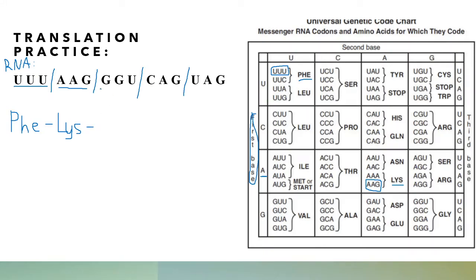Right, we're going to keep going. So G, G, U. If I look in this first column, G is down here, so I know I'm going to be looking kind of at the bottom of the chart. So G, G, U is here. G, G, U makes glycine, G, L, Y.